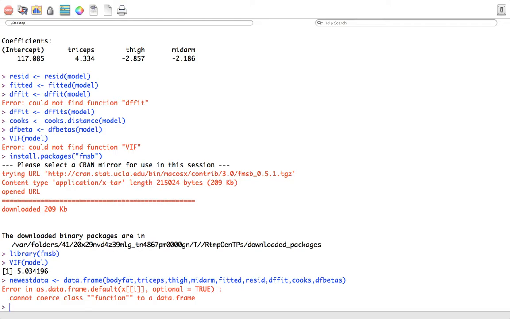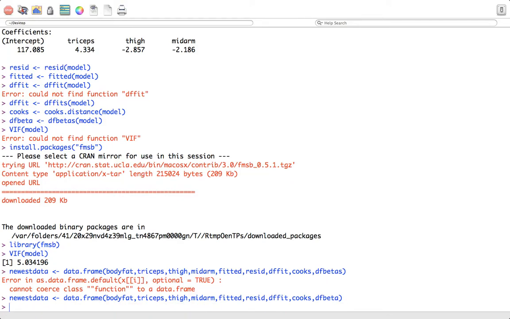What's going on here? All right, okay, that should be DF beta. And I called that cooks, dffits, resid. Let's see if that works. Okay, there we go, I had a typo.